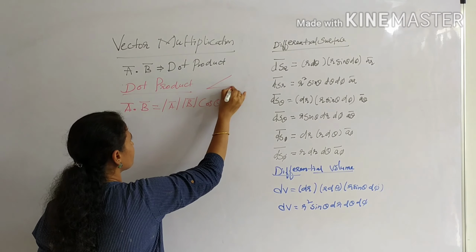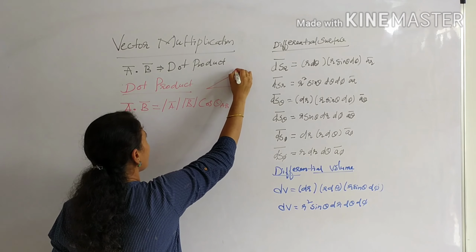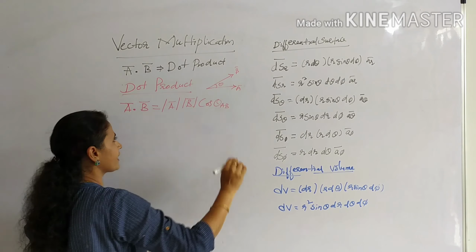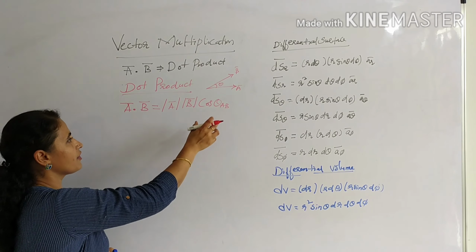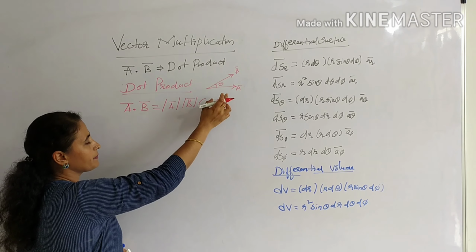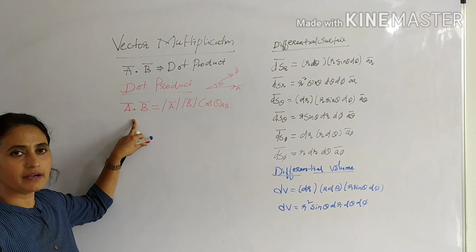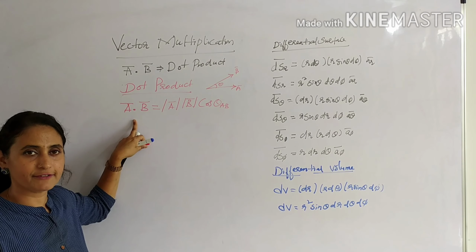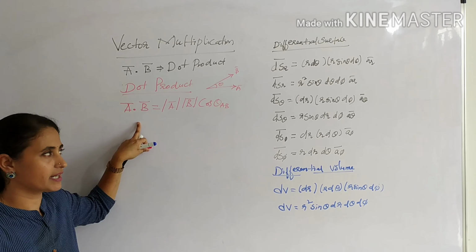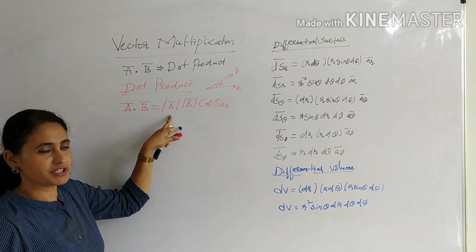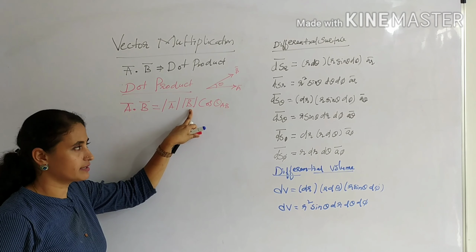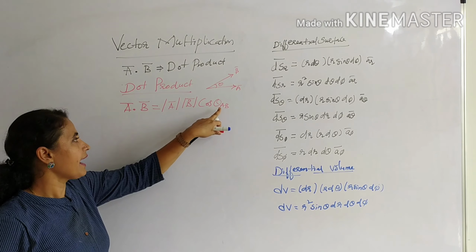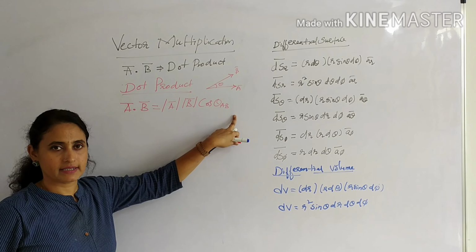If the two vectors a bar and b bar make an angle theta, then the dot product is given by this.